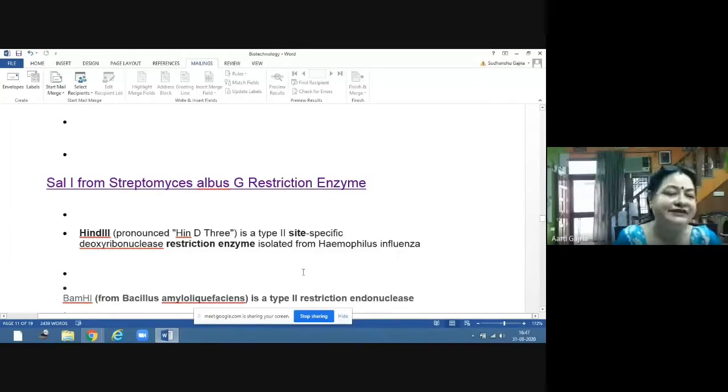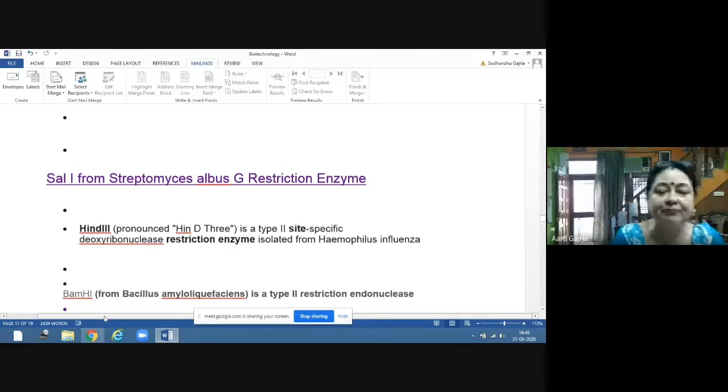Haemophilus influenzae. So HindIII is isolated from the bacterium Haemophilus influenzae. Haemophilus is H, influenzae is in, d is the strain, and the Roman numeral III means this was the third one to be discovered.